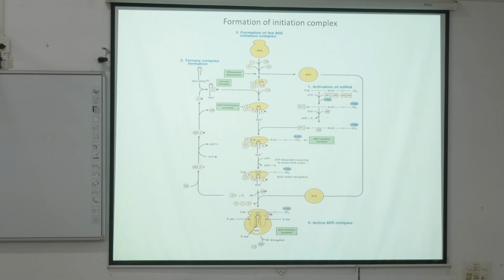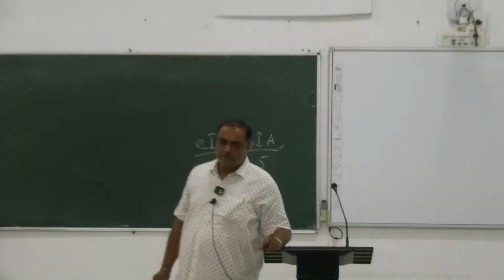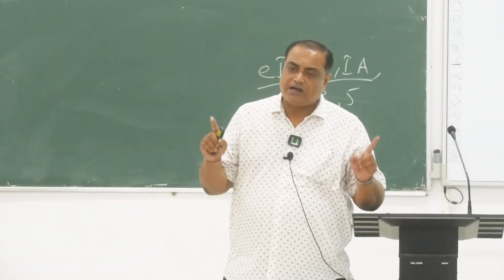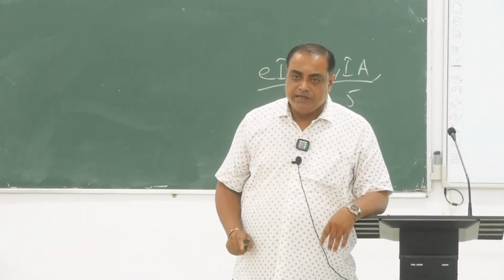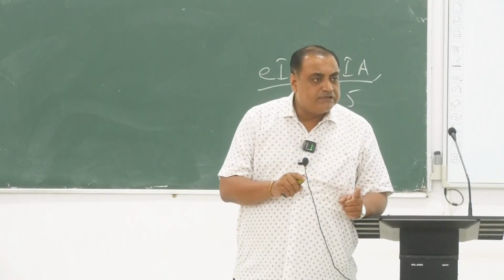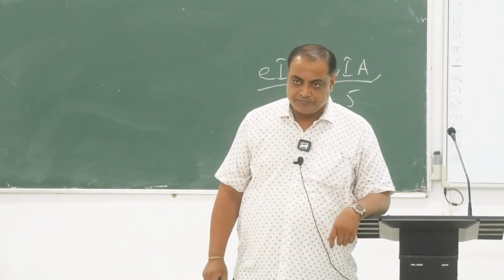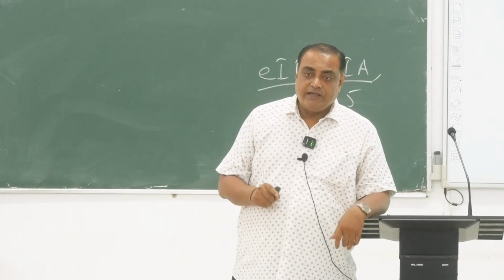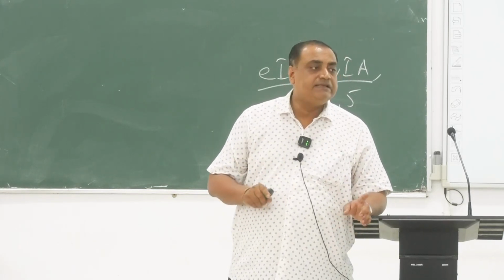So it is GTP-bound EIF2. EIF2 has got two parts, 2A and 2B. 2A is the active form, 2B is the inactive form. If it is bound with GTP, it is active. If it is bound with GDP, it is inactive.